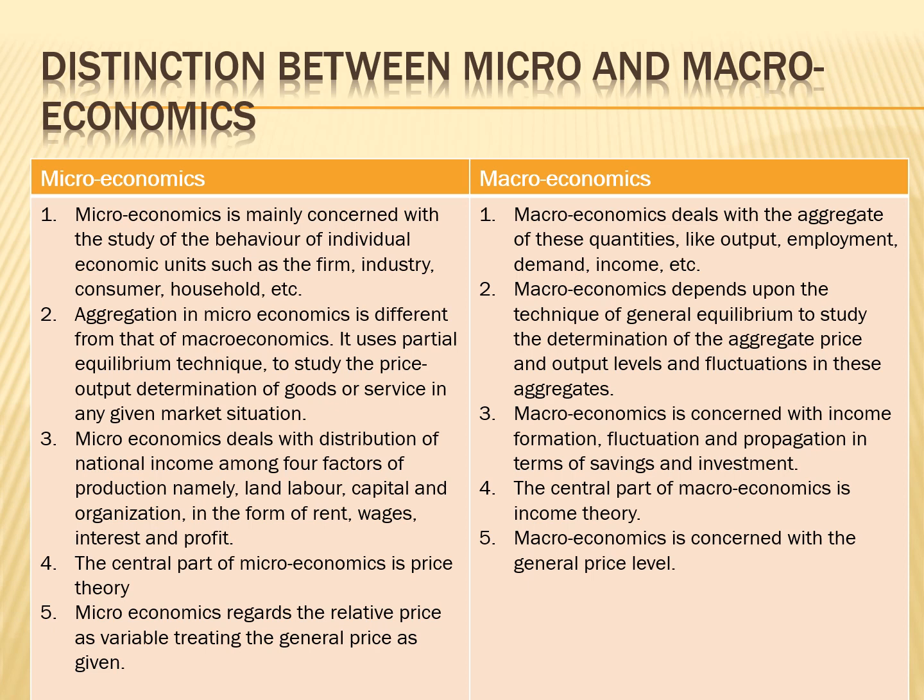Fourth one is the central part of microeconomics is price theory, whereas the central part of macroeconomics is income theory. Microeconomics regards the relative price as variable, treating the general price as given, but macroeconomics is concerned with the general price level.